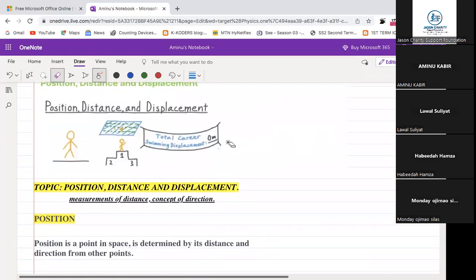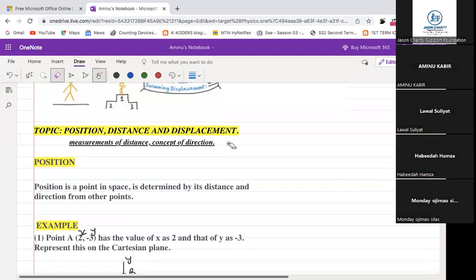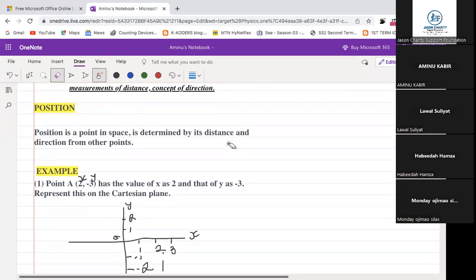We started by defining what position is, and we said position is a place where an object is located. And we also said that distance is the space between 2 points. To tell the position of an object, we said that the position of an object is set with a reference frame or a reference system.